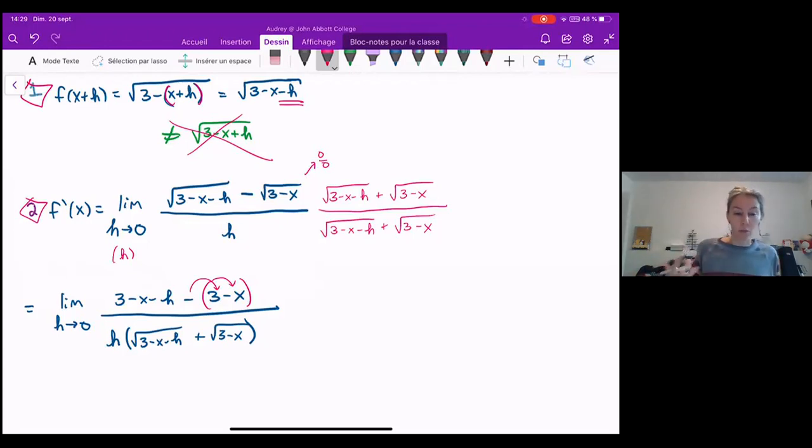I'll have negative h minus x minus x, and I'll have negative h minus 2x. The x's won't cancel out. Let's write this over here. I'll have negative x, negative 2x minus h, and notice h is not a factor. So this is what happens if you forget to distribute the minus sign.